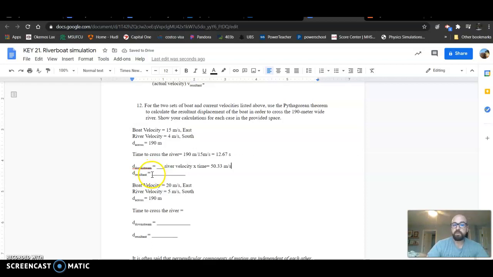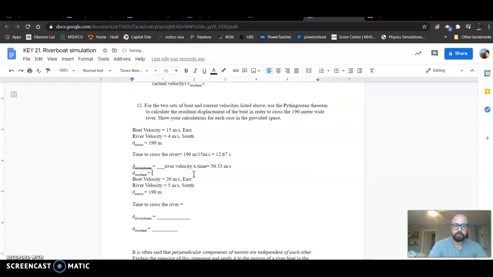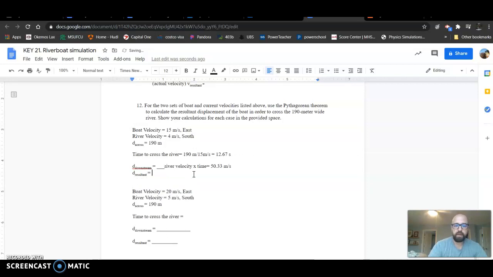And then what we would do for the displacement. So now we know that we have gone 190 meters across. We went 50.33 meters downstream. So that forms our right triangle, or our two quantities that are perpendicular. So I'm going to use Pythagorean theorem.